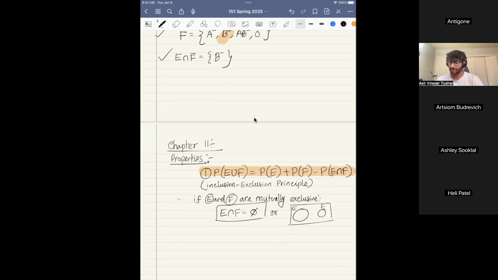Then the probability of E intersection F is going to be 0. That just means the probability of E and F having common elements, and there are not any common elements, so the probability is 0. Does that make sense to you guys?